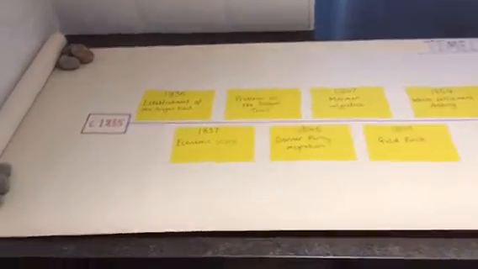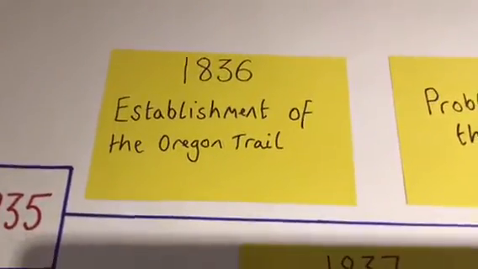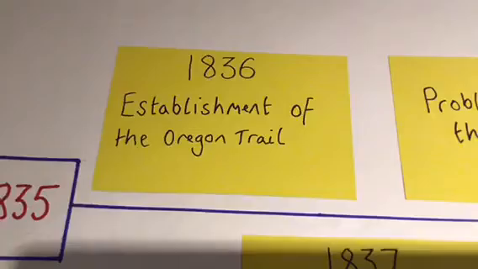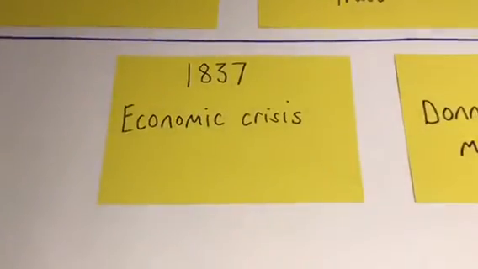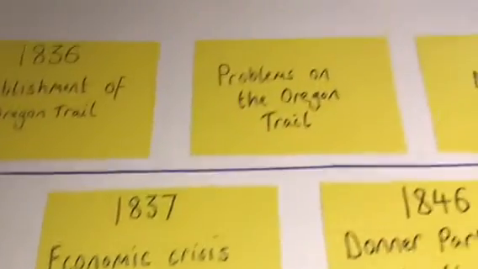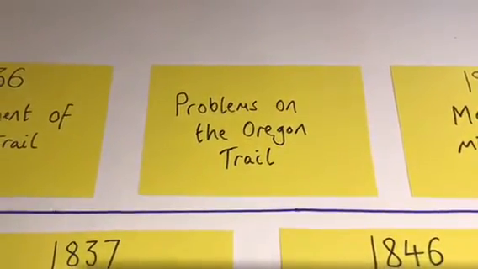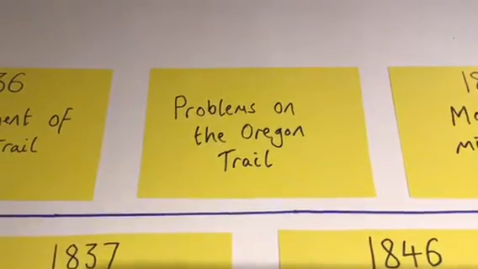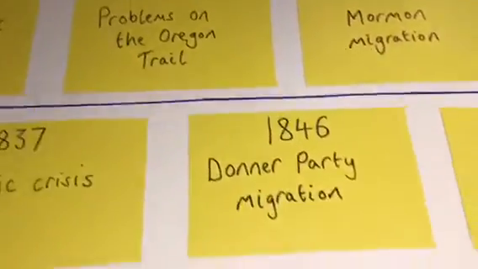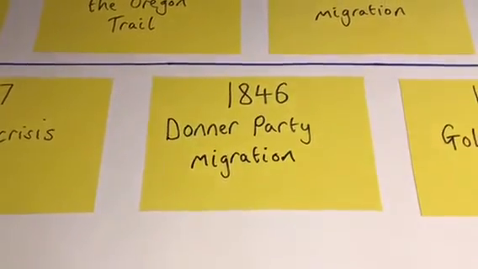Just to check those through one at a time, the first date you need on there is 1836, the establishment of the Oregon Trail. 1837, the economic crisis. A card without a date, but it explains the problems that migrants had of travelling on the Oregon Trail. Then into the infamous Donner Party migration of 1846.